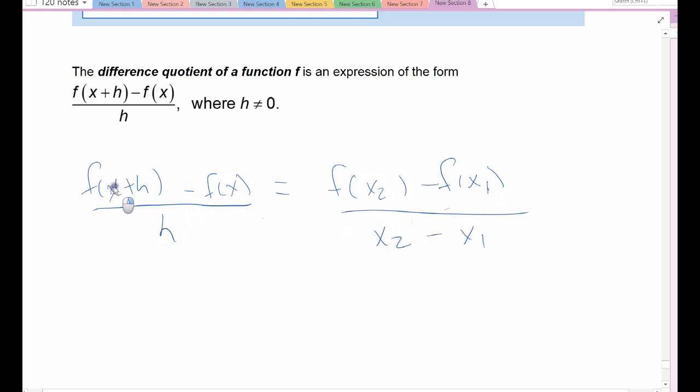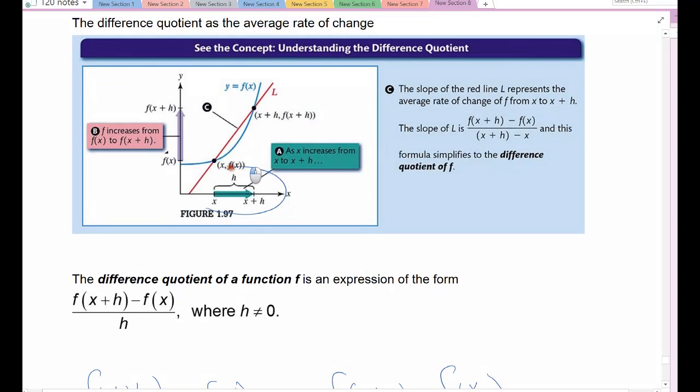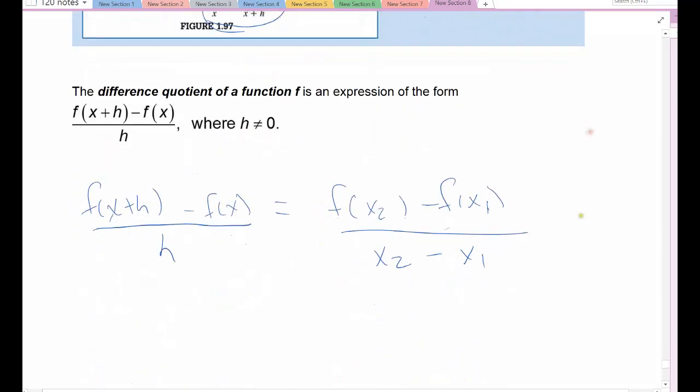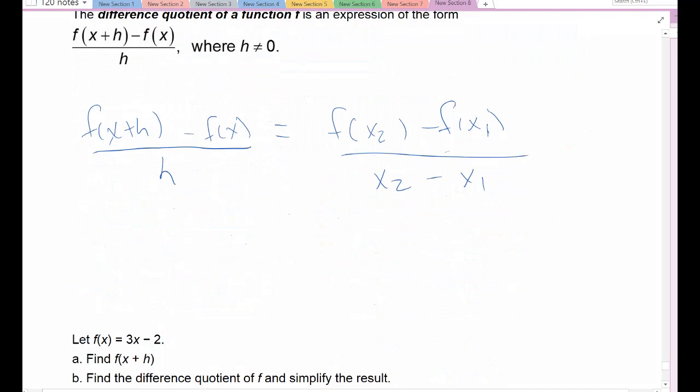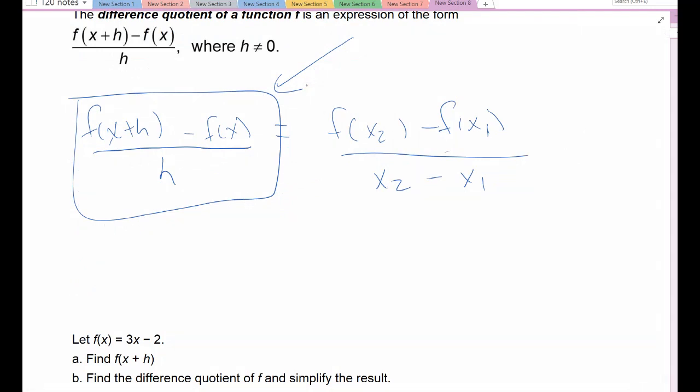That's the change in x. That's what that represents. And so it does find my average rate of change. So this is what we solve, and the hard part is solving this. And h can't be 0, meaning there has to be some type of change, so I don't get division by 0. So it can't be a horizontal line.